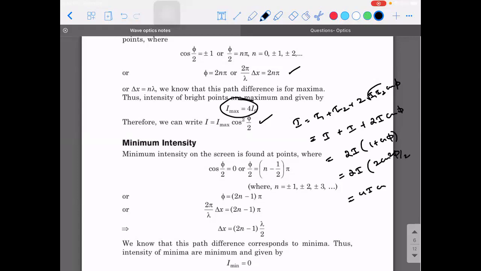That will be 4I cos squared phi by 2. But 4I is nothing but the maximum intensity. That is why it is written as I max cos squared phi by 2. Minimum intensity means cos phi by 2 is 0, and phi by 2 will be equal to (n minus half) into pi, or (2n minus 1) into pi by 2.